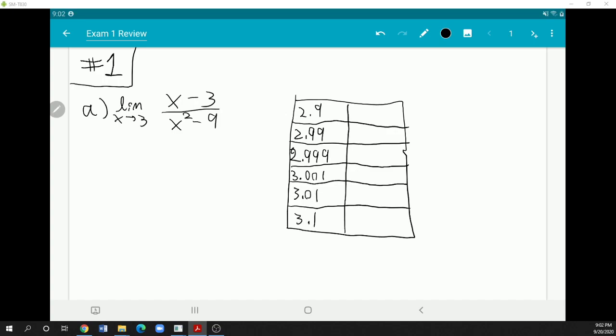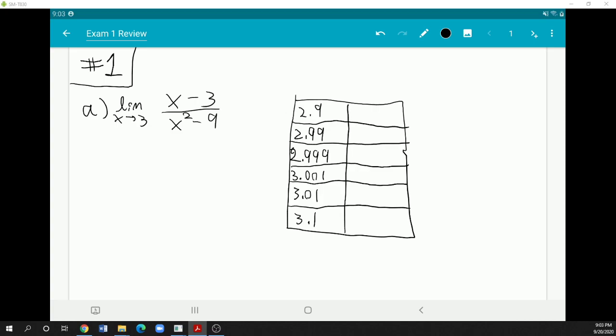And the reason we look at the numbers on the outside is to make sure that we really are converging to some number, that we really are getting close. Because if 2.9 is a number and then 2.99 is a completely different number and then 2.999 is even more completely different, then that tells us that maybe we need to look in a little closer. Maybe in fact our estimates didn't work.